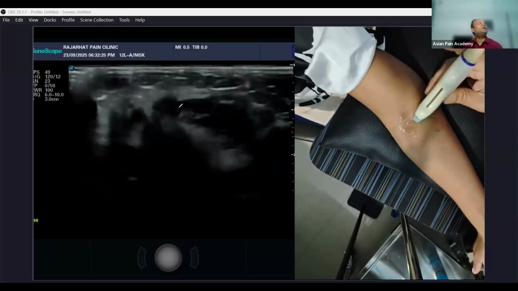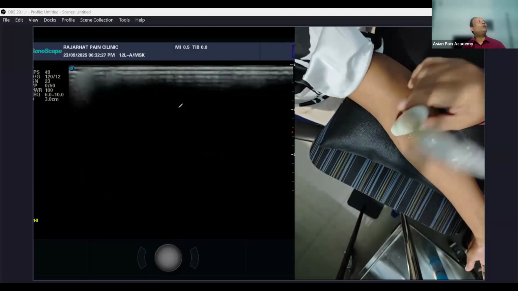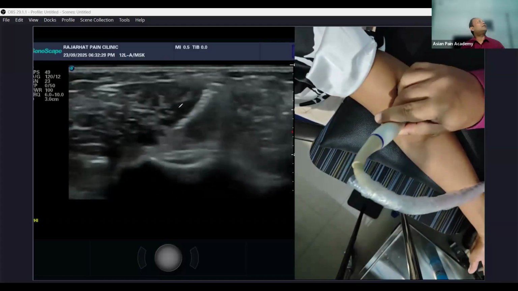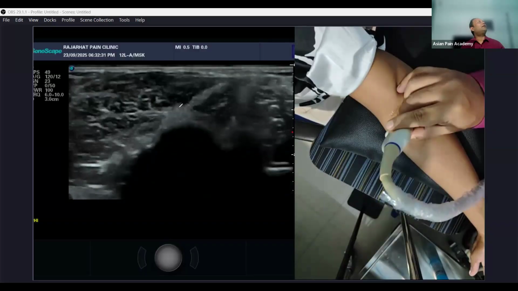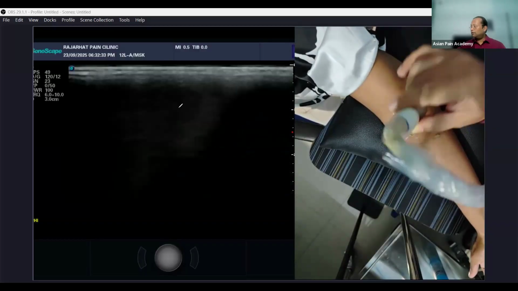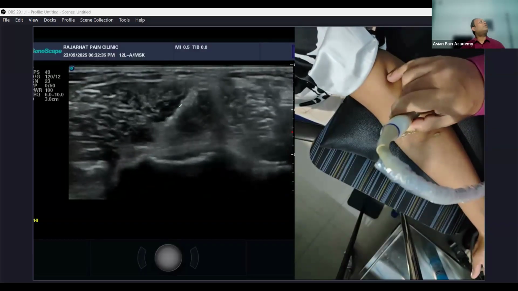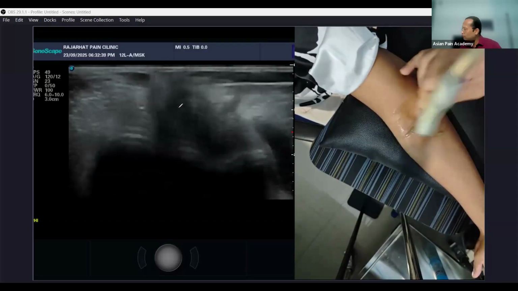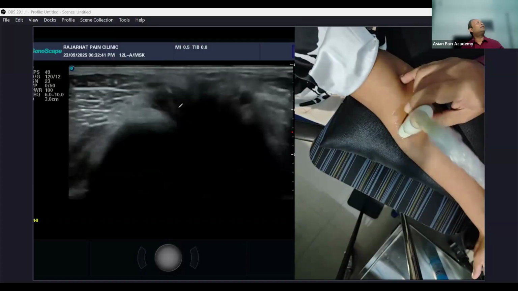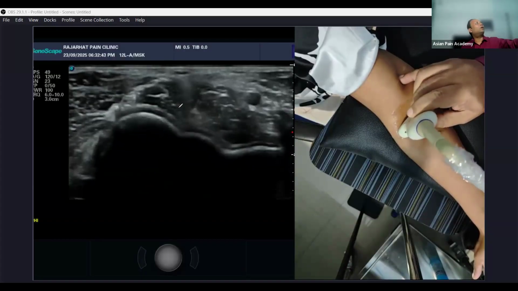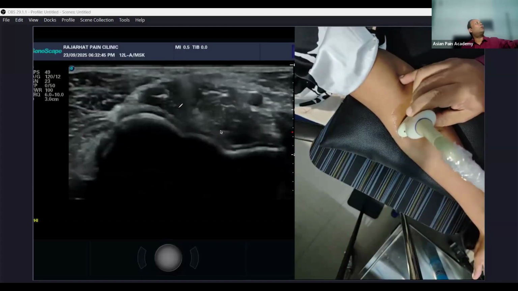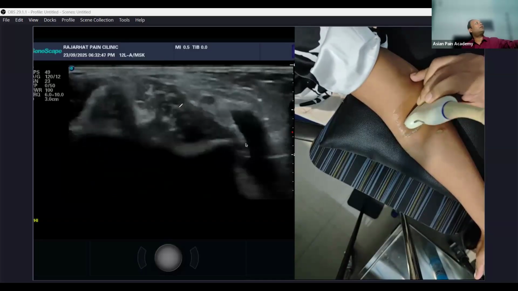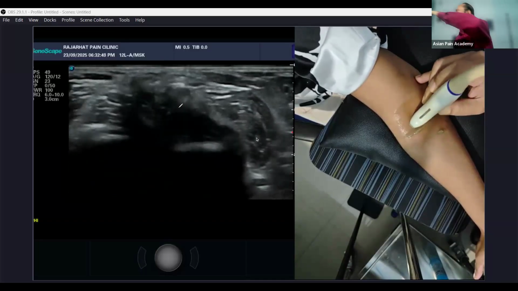So from here we know that one is pronator teres. I am putting it in this way, and now I am seeing the lower end of the humerus. This is the lower end of the humerus. Now this is the pronator teres.